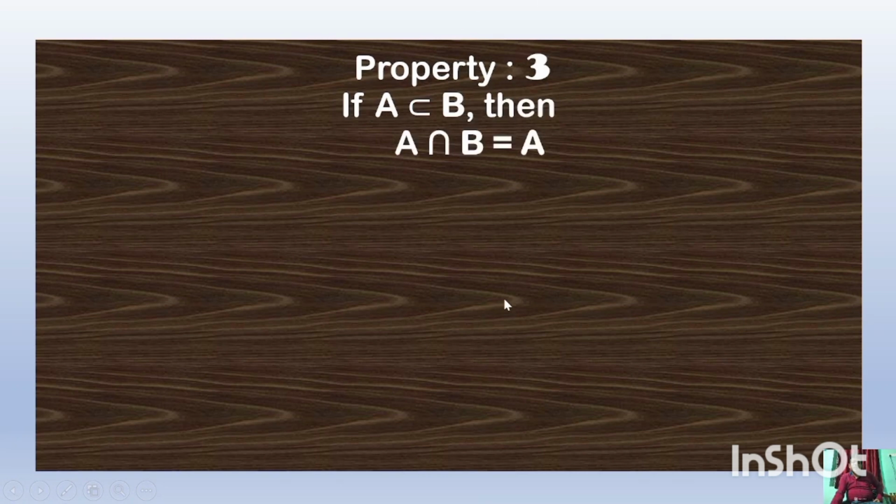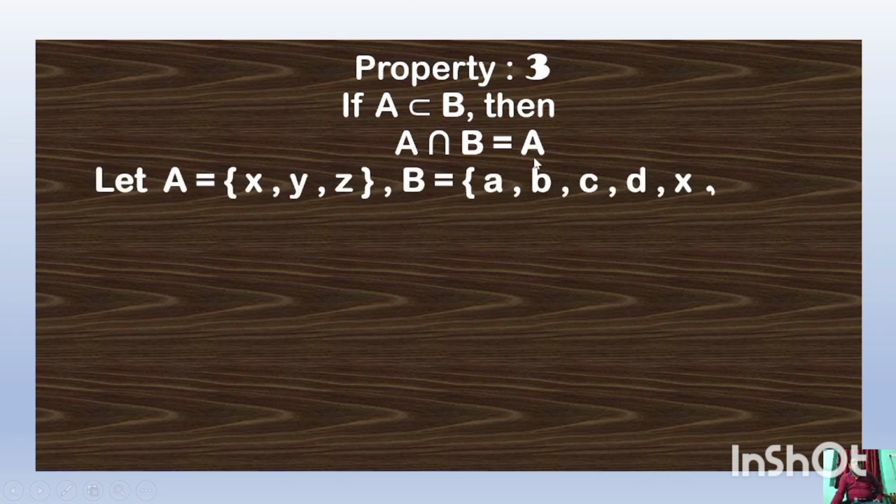Similarly, property 3: if A is a subset of B, then A intersection B is what? It is set A. In case of A union, it was the superset. But if A is a subset of B, then A intersection B is set A. You take the elements X, Y, Z as another set, and beside it B has been taken.